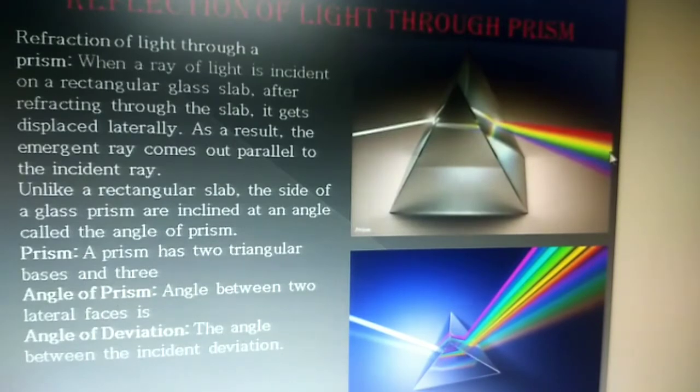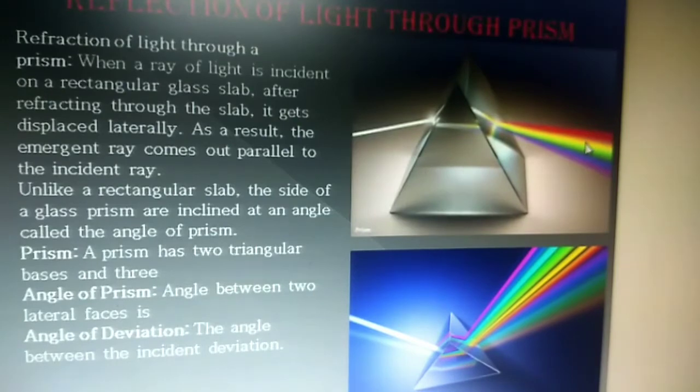So splitting of white light to form a band of 7 colors, that is spectrum, is known as the phenomenon of dispersion. The main cause of dispersion is the varying speed of light when it is passing through the glass prism.